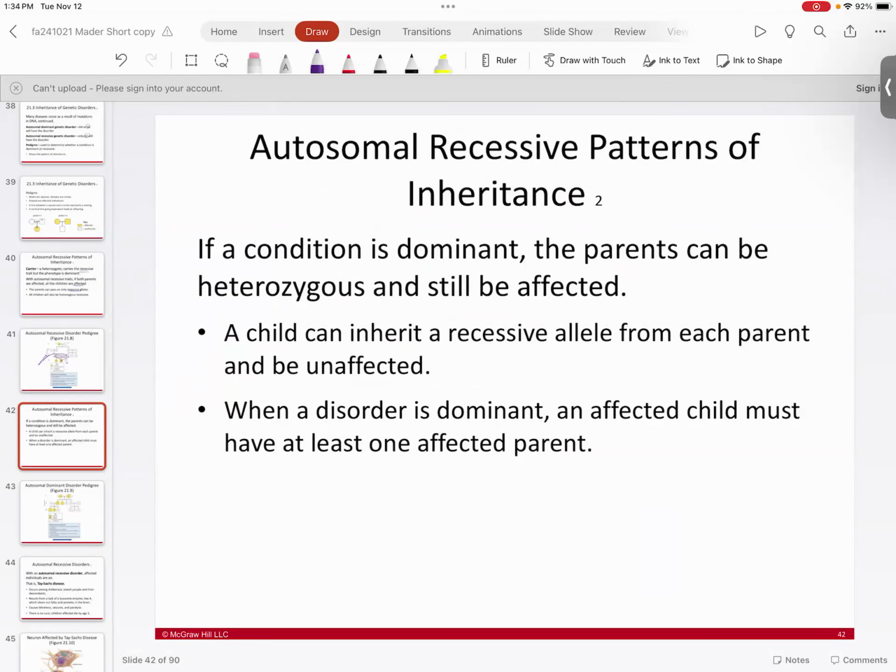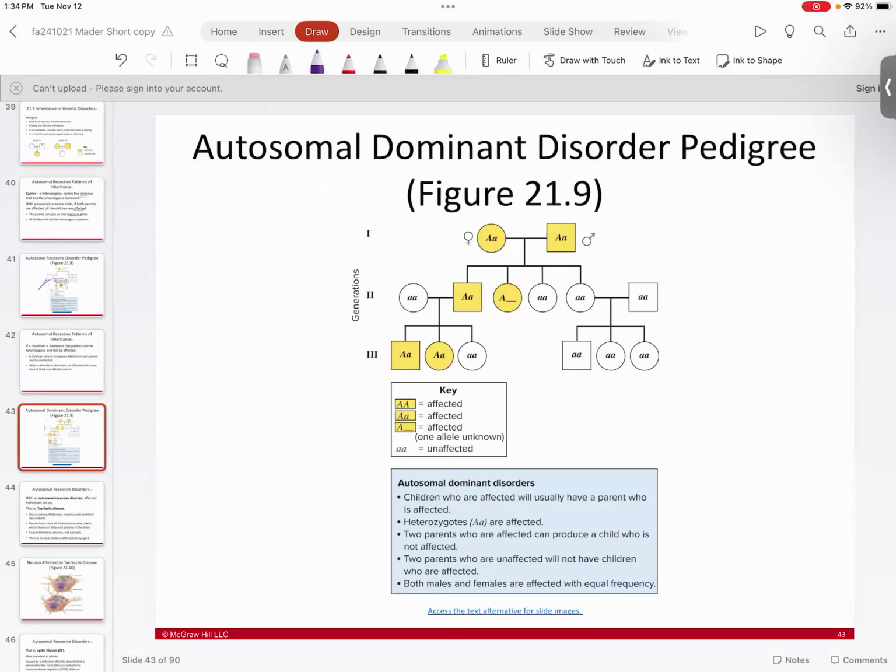And so in some cases, if the condition is dominant, for instance, the parents can be heterozygous and still be affected. If the child inherits the recessive allele from each parent, they'll be unaffected. But if they inherit at least one dominant allele from a parent, then they'll be an affected individual. This is what it looks like. Notice here, only the unaffected individuals are homozygous. The affected individuals are either heterozygous or homozygous dominant.